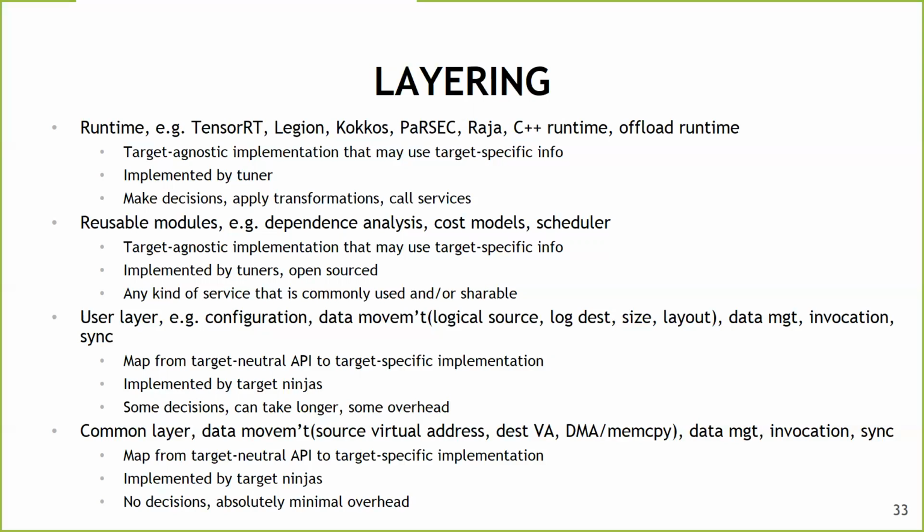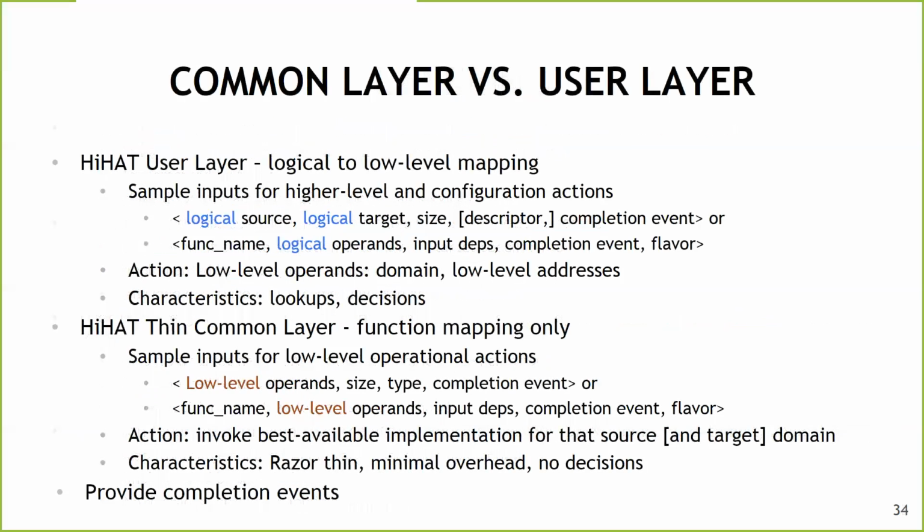So we're not trying to compete with folks that have this, we're trying to enable folks by creating an architecture for reusable modules. And then down here, to have this map and this target neutral API to a target specific application. And this is sort of ninja territory down here. And the common layer especially is very, very thin and light, doesn't make any decisions, absolutely minimal overhead.